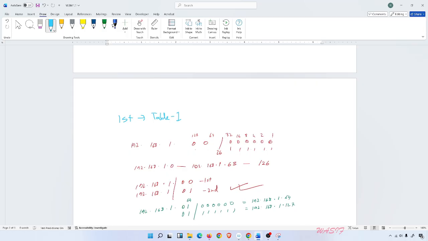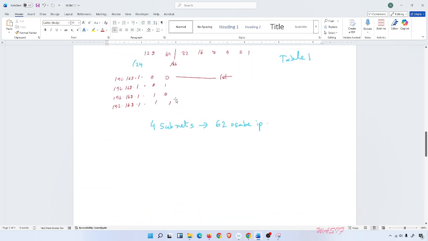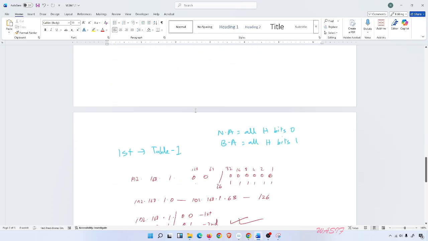What is the network address and what is the broadcast address? According to the formula, for the network address make all host bits 0, and for the broadcast address make all host bits 1. So if you look here, 192.168.1 and then these two bits, you cannot change them, because when you borrow these 2 bits, they become fixed.